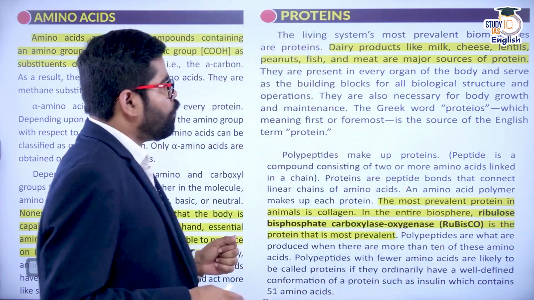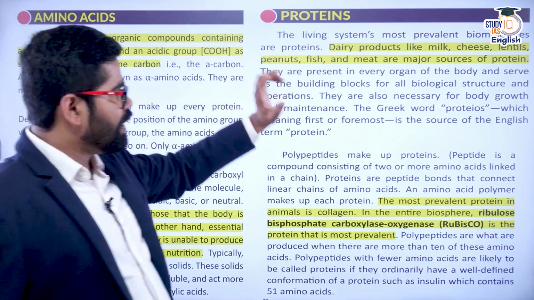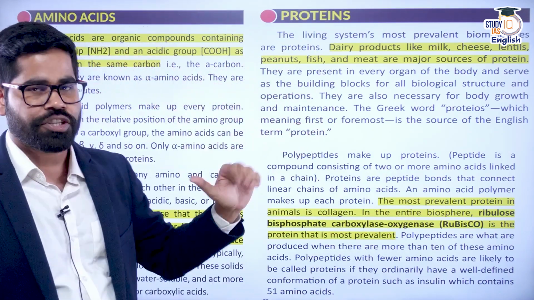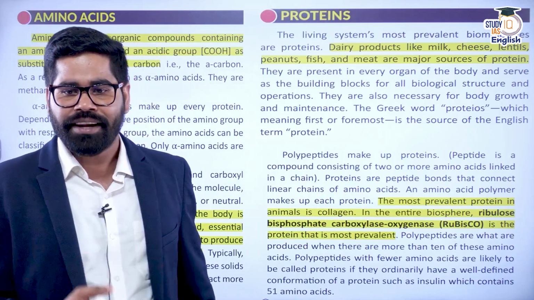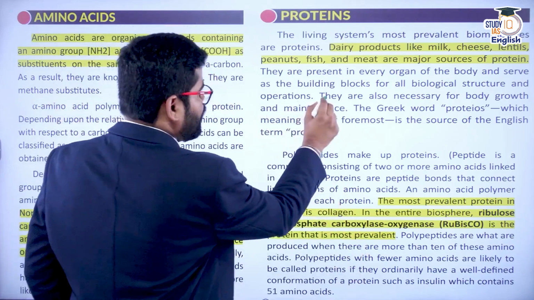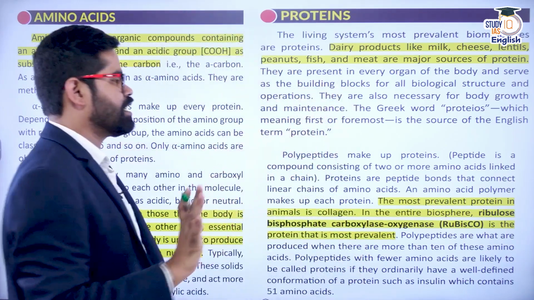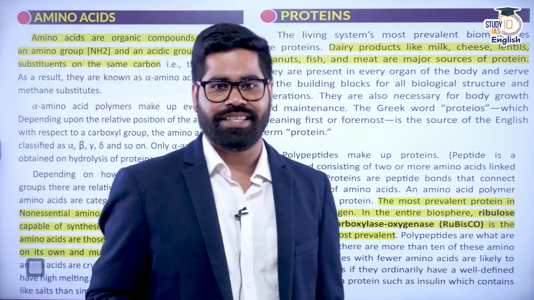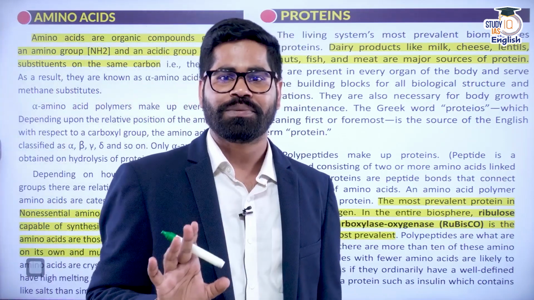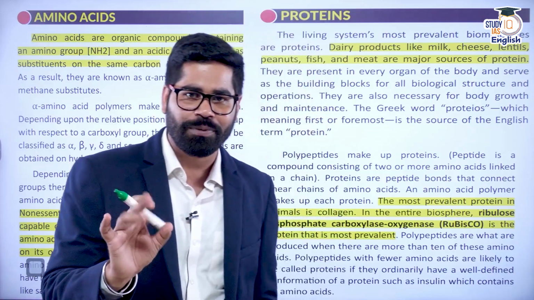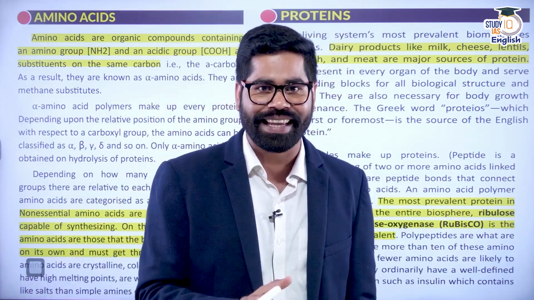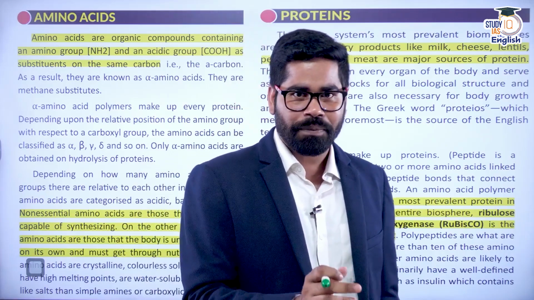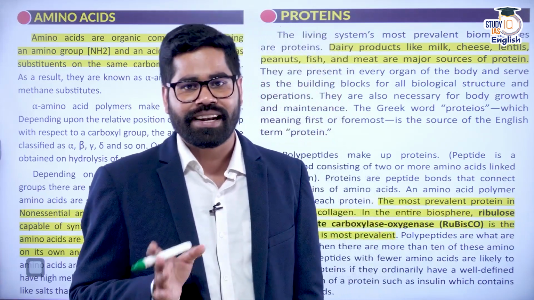Now, what are the major sources? You know that milk, cheese, lentils, peanut, fish, meat are the major sources of protein. And they have been called the building blocks for the biological structure as well as operations. So along with the structure of the body, they are also responsible for the operation of the body, how the body is functioning, how the body is working. Even for that purpose, these proteins are required.